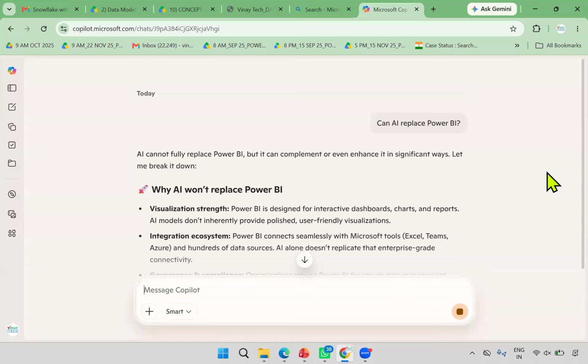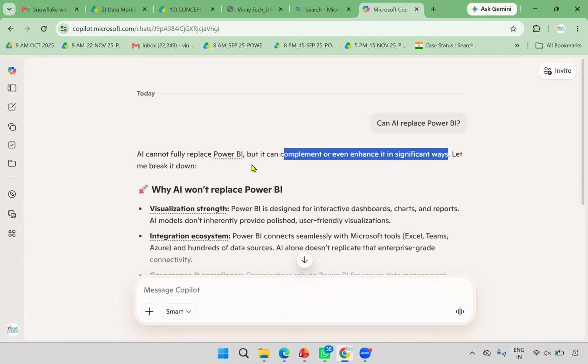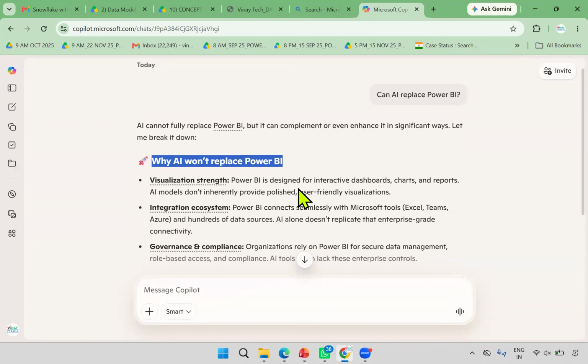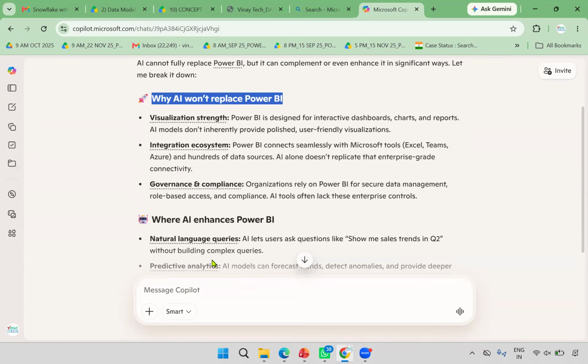Because we need to check. AI cannot fully replace Power BI, but it can complement or even enhance it in significant ways. The clear answer is available. So be confident.